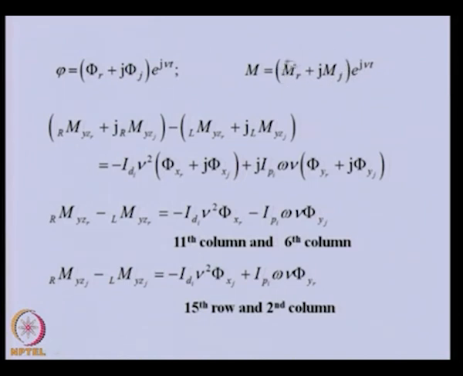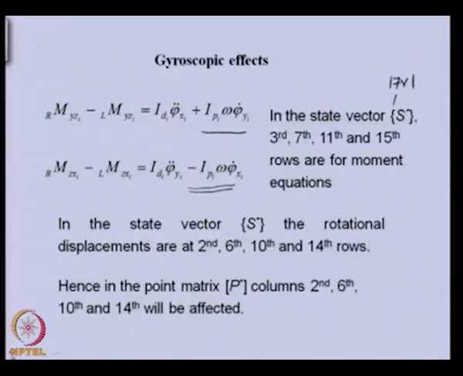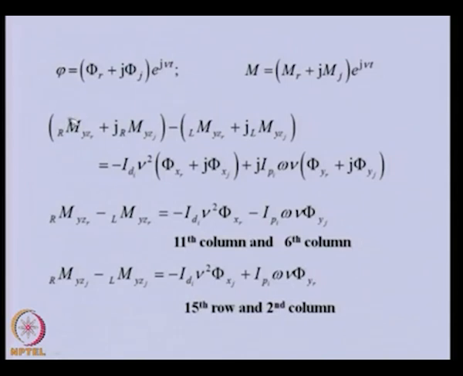This quantity gives the amplitude and phase information, and this is the frequency component of the moment. Similarly, this gives the phase and amplitude part of the angular displacement, and this is the frequency. If we substitute this in the first moment equation, this is the moment equation belonging to the yz plane.